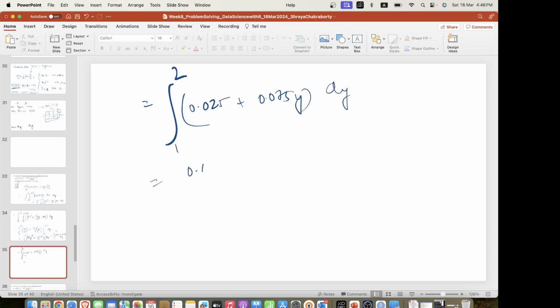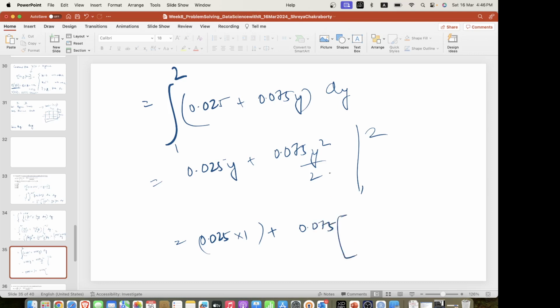So this would be 0.025 y plus 0.075 y square by 2, from 1 to 2. So this would be 0.025, 2 minus 1 is 1, plus 0.075 into y square, 4 by 2 minus half. 2 minus half is 1.5. So 0.025 plus 1.5 into 0.075.